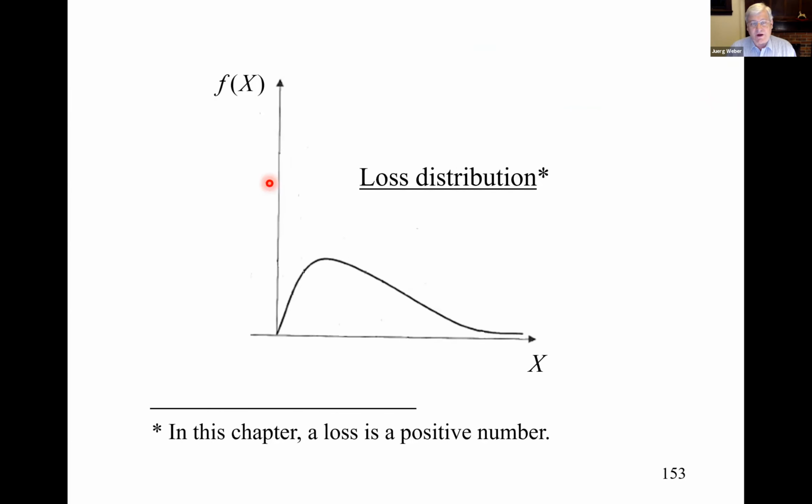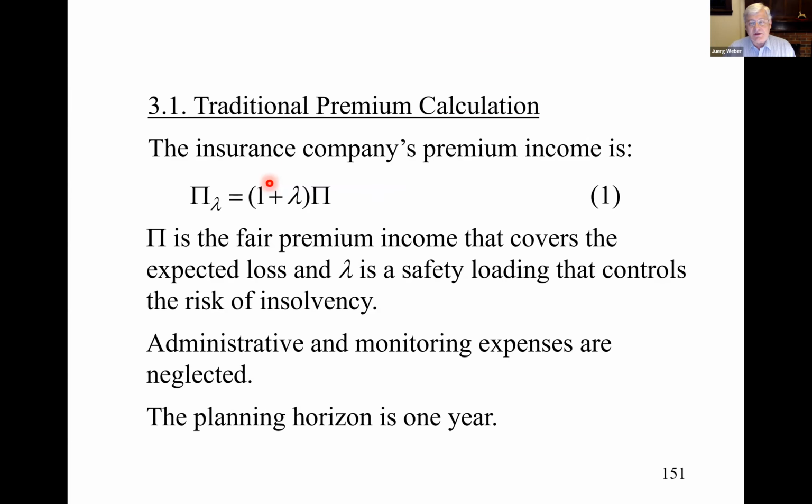Remember, in equation 1, the premium income of the insurance company is the fair premium income plus the safety loading. Naturally, increasing the safety loading will reduce the probability of ruin, but the premiums are then increased. The premium income rises, and people will no longer buy the insurance.